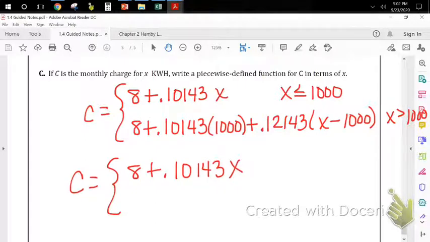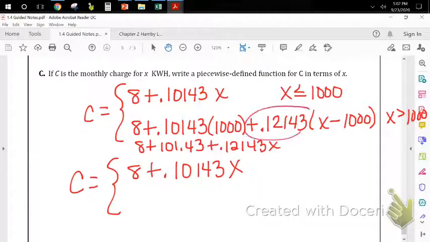So then we had what, 8 plus, let's do a little work here. So 8 plus 101.43, and then we got plus 0.12143x. I'm going to distribute this here, okay? Minus 0.12143 times 1,000. So minus 121.43.